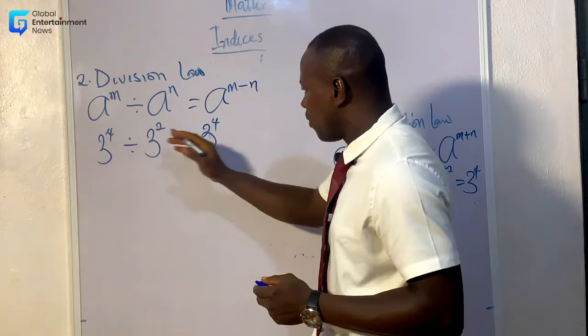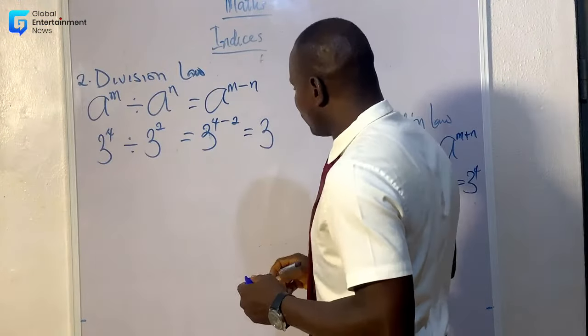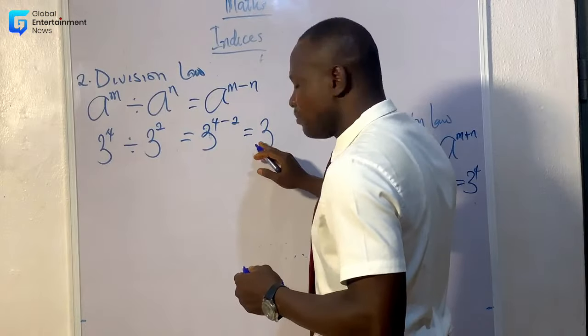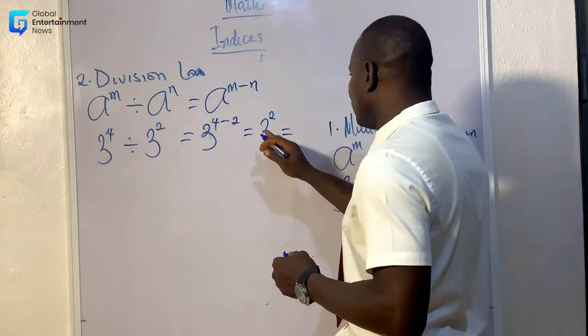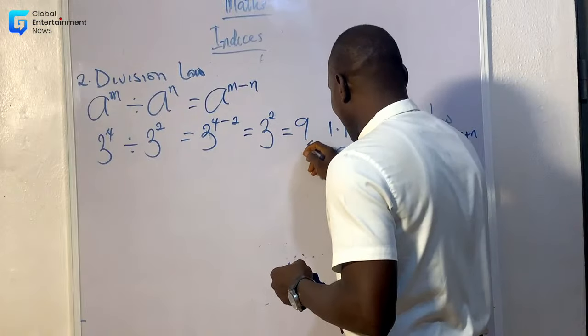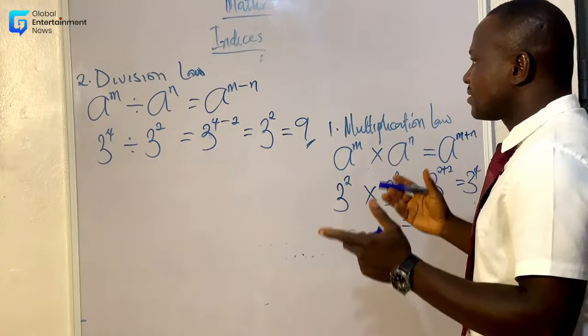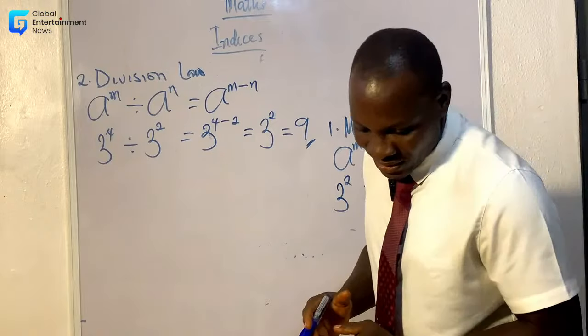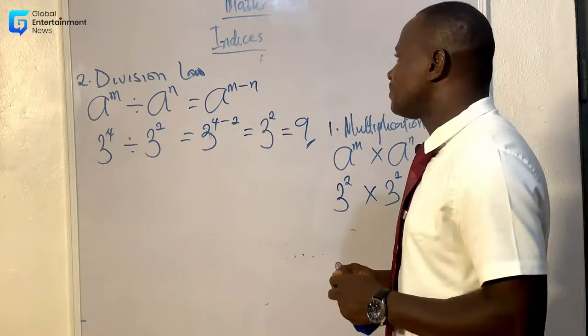So I have 4 minus 2. And with this one, I have the base 3 raised to power 2, and this is going to give me 9. And that is the second law. We call it the division law.